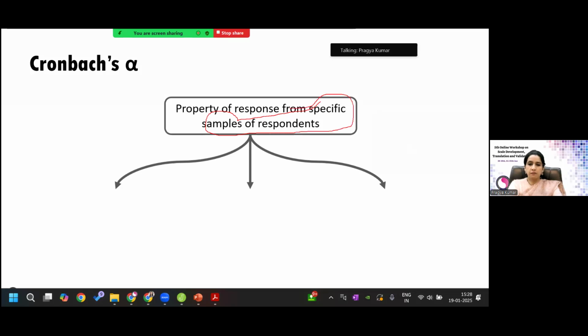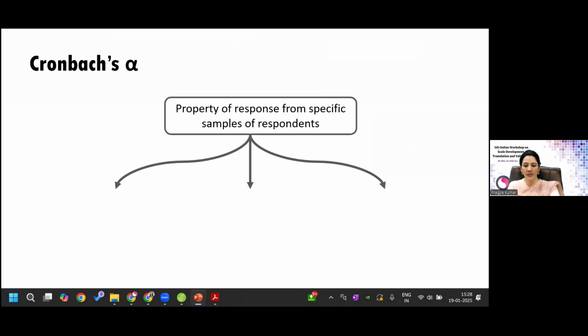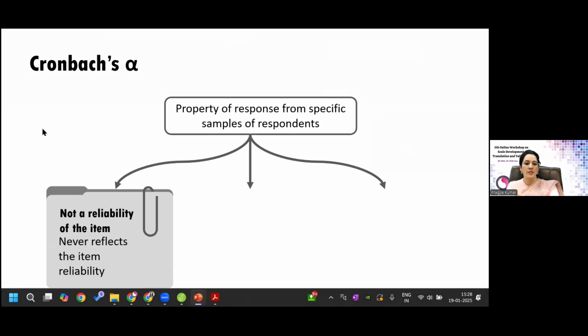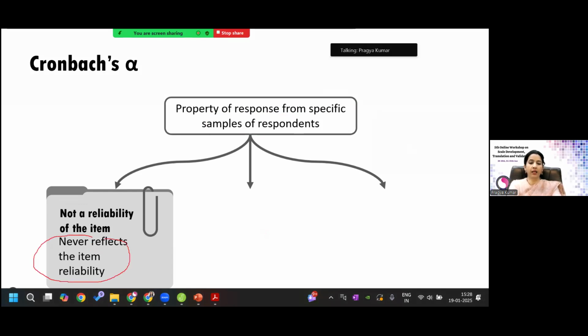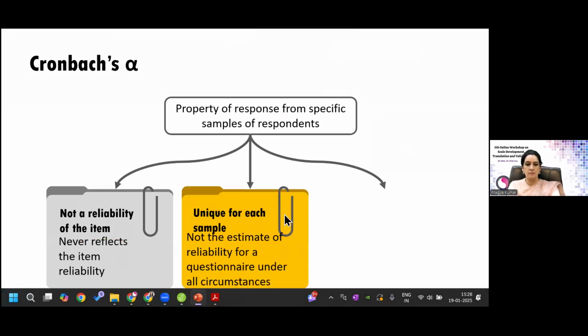This is very, very important. That's why if you change the sample, the Cronbach alpha will change. So it is not a reliability of the item. It never reflects the item reliability. It reflects the sample score reliability, and it is unique for each sample. So it is not an estimate of the reliability of a questionnaire under all circumstances.